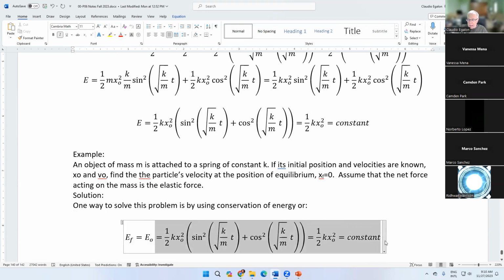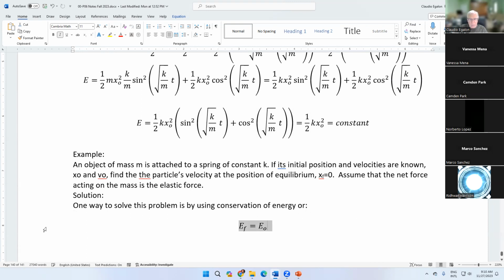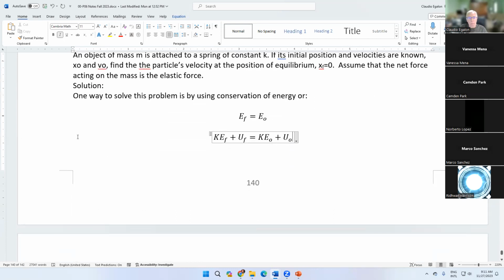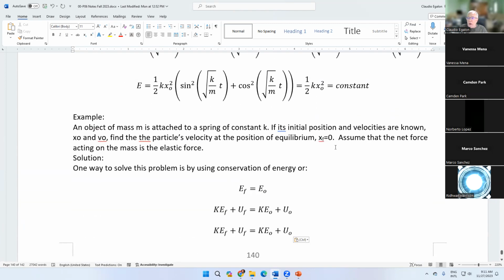Okay. Final kinetic energy plus final potential energy is equal to initial kinetic energy plus initial potential energy. We know v naught and x naught.